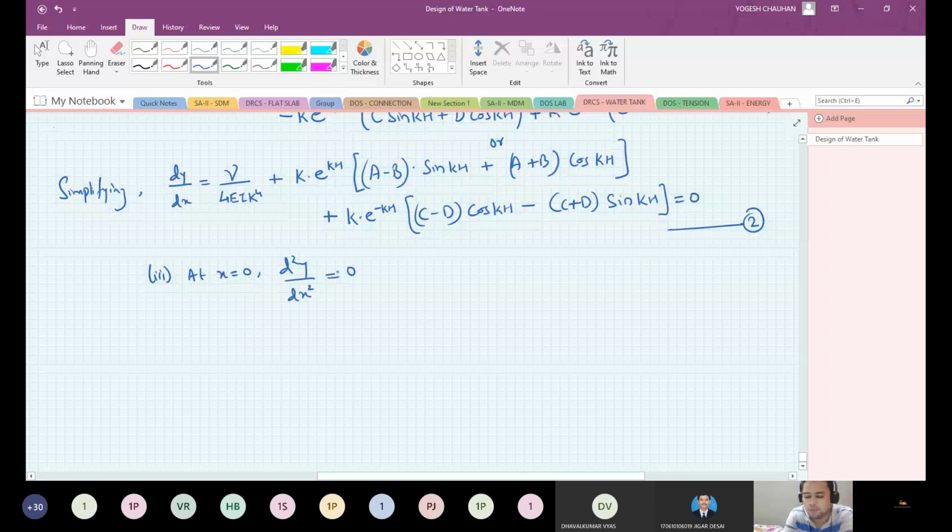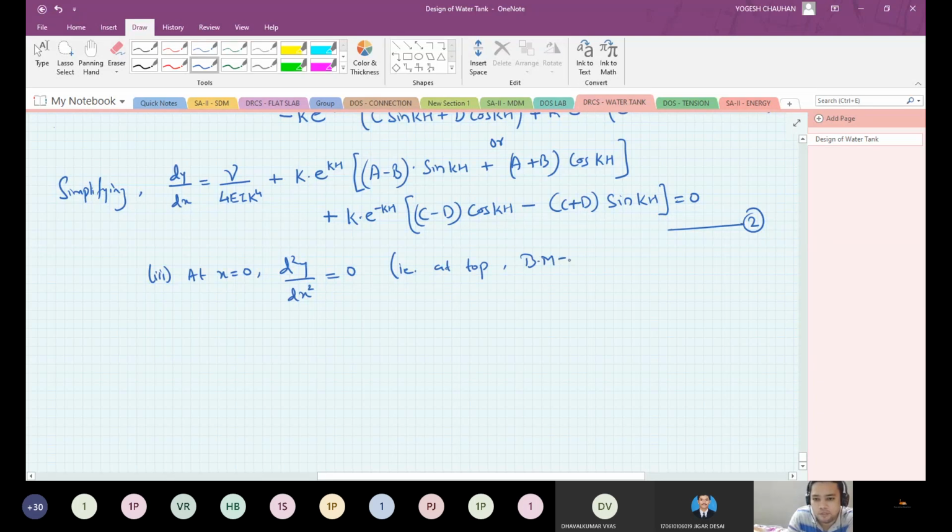That is, the bending moment at the top is 0. So again you differentiate the above expression, substitute the value x equals 0, and equate this differential equation to 0.